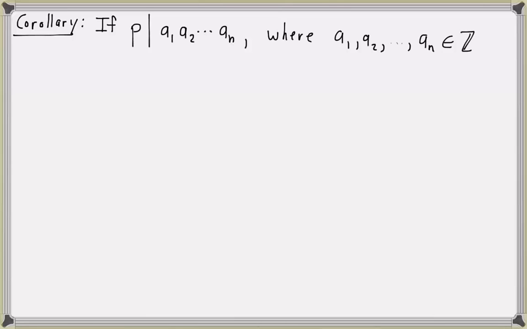So if p divides a product a1 times a2 all the way up to an, where the a's are integers and p is prime, then p must divide one of these a's.